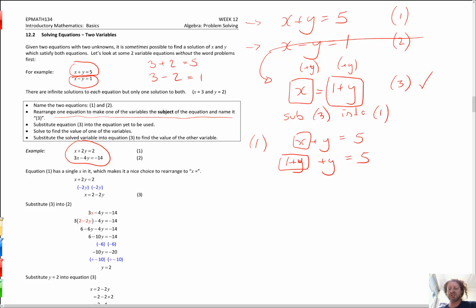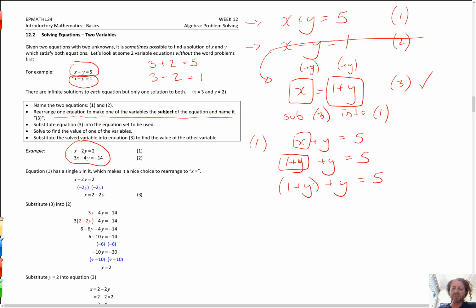Now I wrote boxes there just to make it feel nice, but really what I'm saying is 1 plus y equals 5. I've just put brackets around it. That's what we do when we substitute in algebra, we put brackets around things. But these brackets were really quite insignificant. Unless there's a number to multiply or a minus out the front, they're still just themselves.